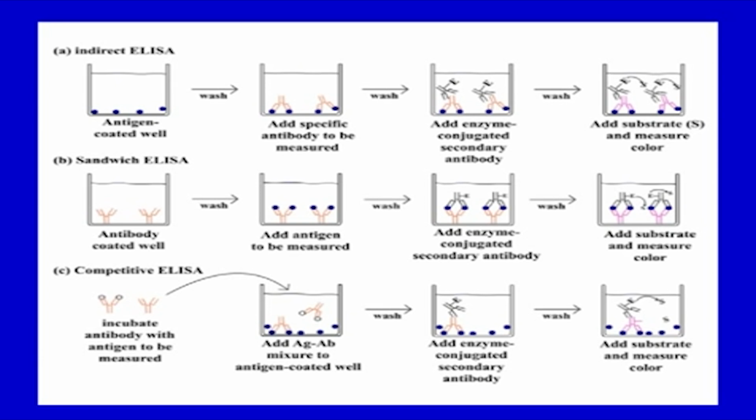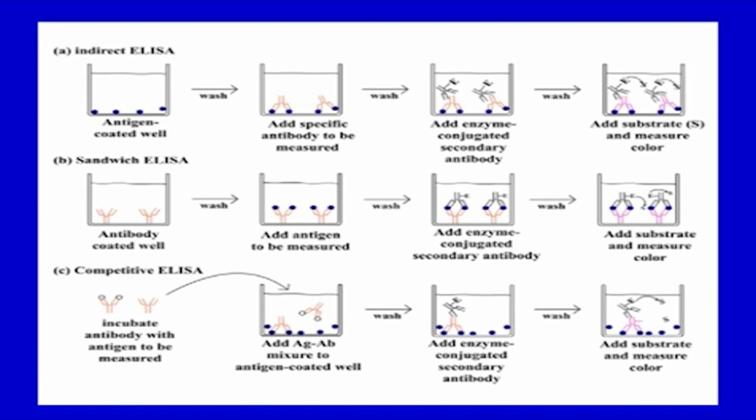In the next step, you will wash off any primary antibody which is not bound, then there will be addition of the enzyme conjugated secondary antibody, and finally the substrate addition and color development, which will be measured through a spectrophotometer or other methods. So, indirect ELISA is a very straightforward method.